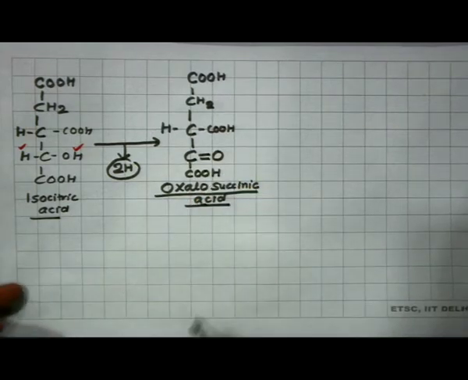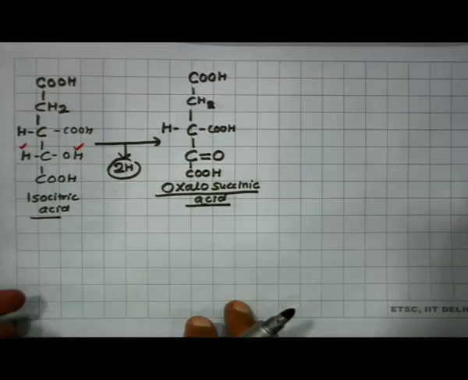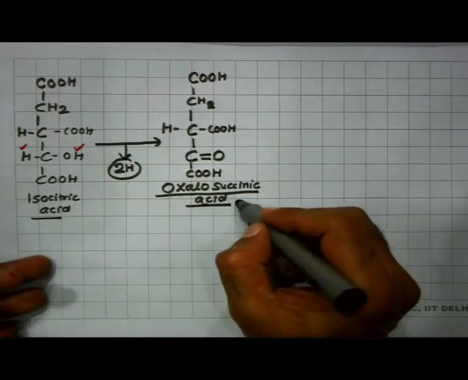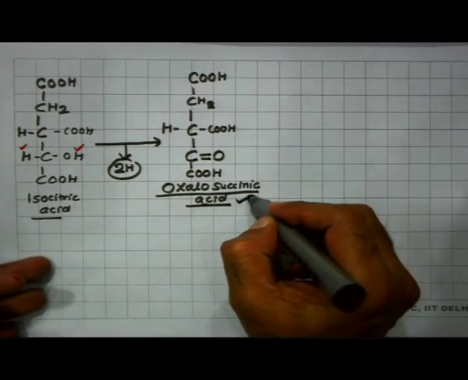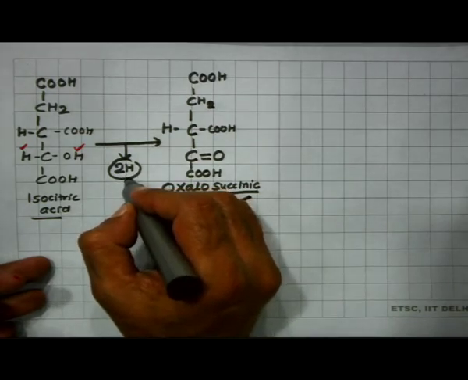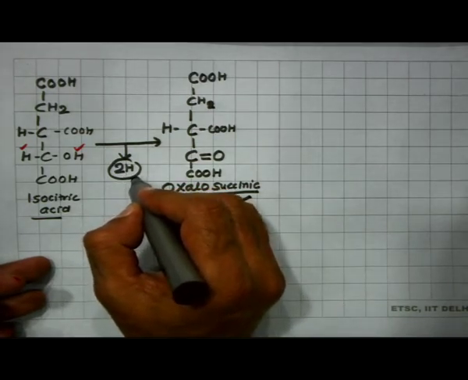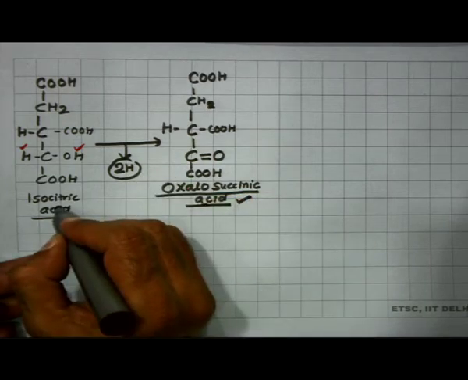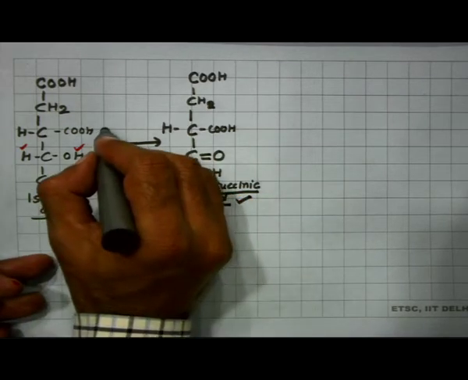So, without any problem you may write the formula of oxalosuccinic acid by knowing from where these 2 hydrogens are going to be removed. Removal of hydrogen from the isocitric acid is called dehydrogenation.